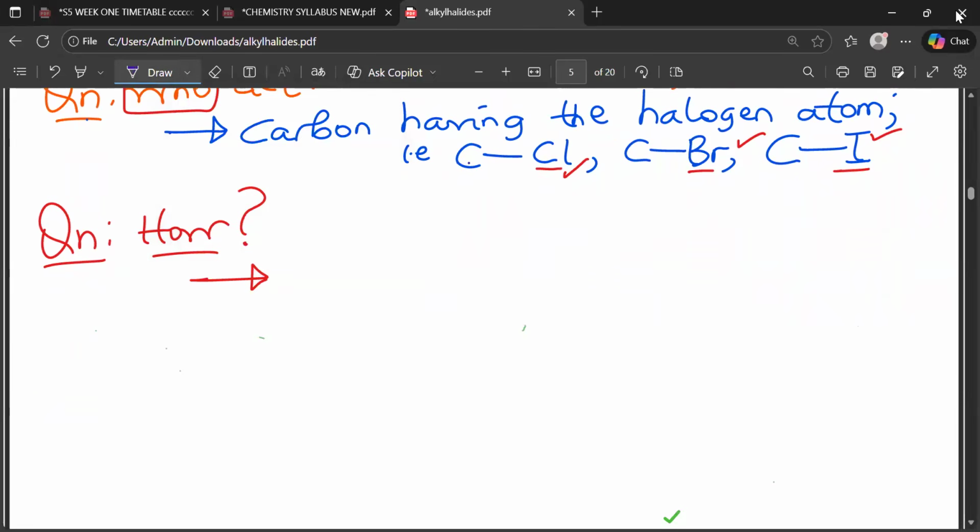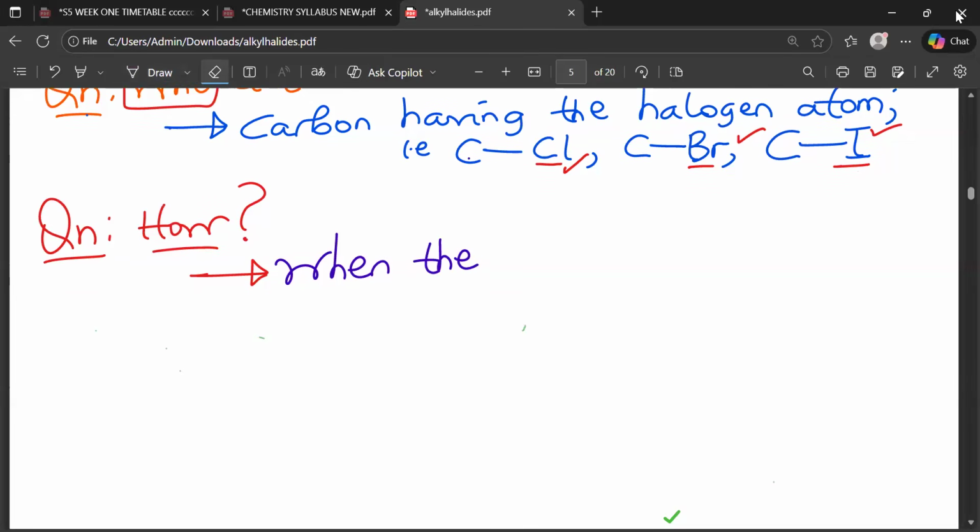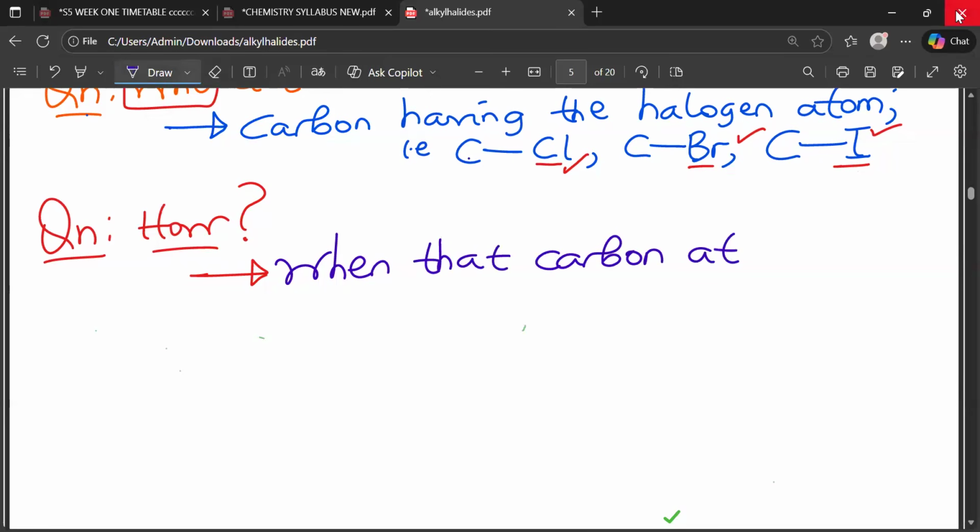So we are going to say, when that carbon atom, which one? This one. The one having the Br, the one having the Cl, the one having the I.